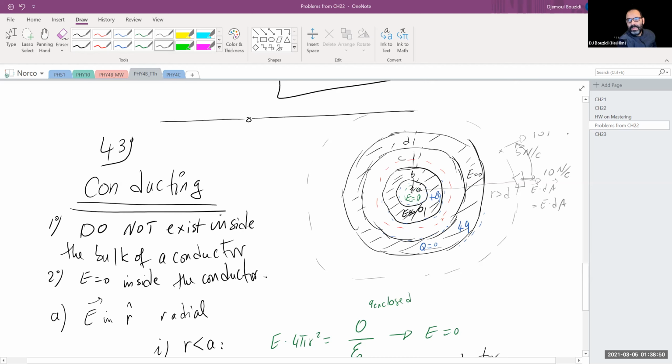And now this becomes 10 Newton per Coulomb. I ask you, did anything change for the charge distribution? You say no. It should be the same because of the spherical symmetry. So how come the value changed from 5 Newton per Coulomb to 10 Newton per Coulomb? Oh, you must have been wrong then, because it cannot be different than anywhere else. By spherical symmetry, the electric field must be the same.